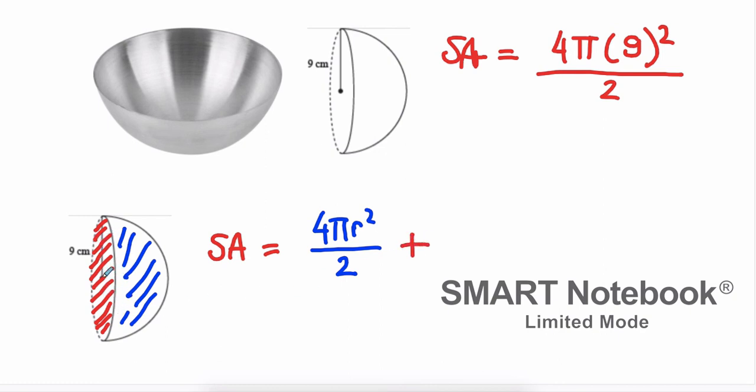And because the circle will have exactly the same radius as the hemisphere, I need only to add on the formula of a circle, which is pi r squared. So I will have this hemisphere part, but I should not forget to add on the circle as well.